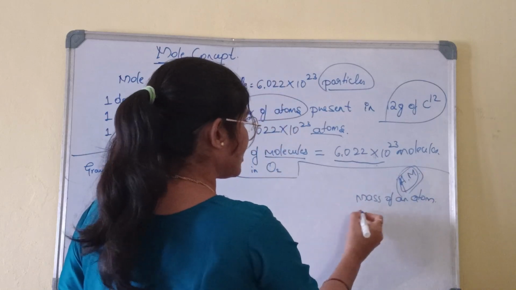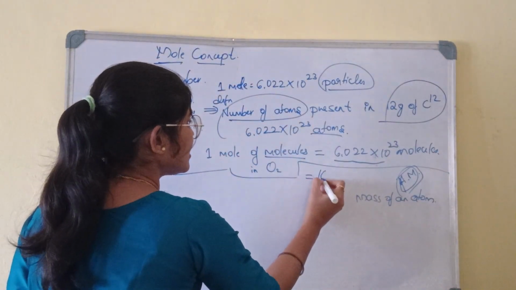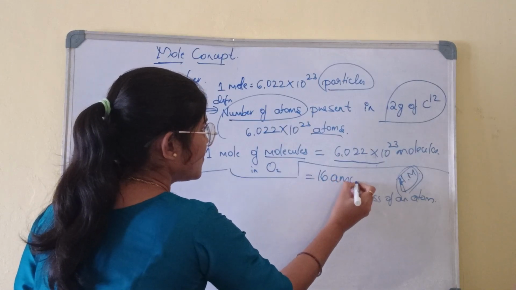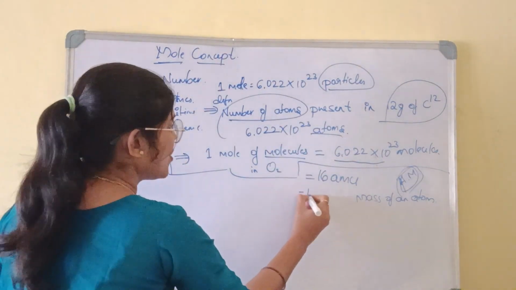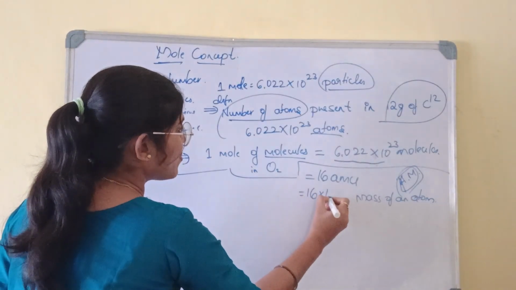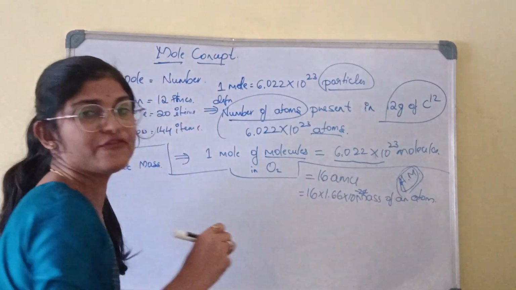So what is the mass of an oxygen atom? The mass of an oxygen atom is 16 AMU, which is 16 into 1.66 into 10 to the power minus 24.